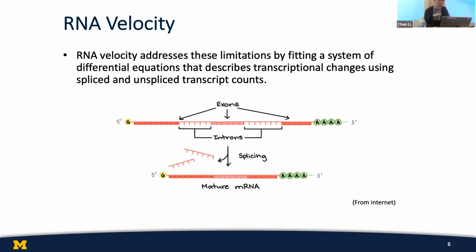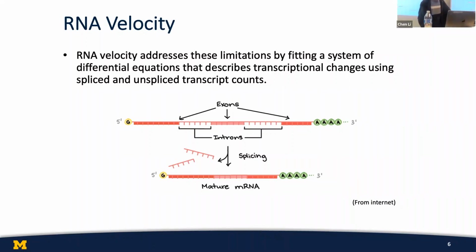Before going into the detail of RNA velocity later on, let me recap a simple biological definition, pre-mRNA splicing. During the post-transcriptional process, not only the 5' cap and the 3' polyadenylation are added.